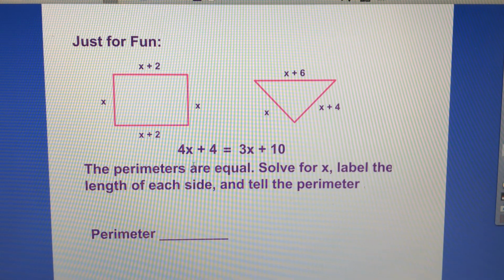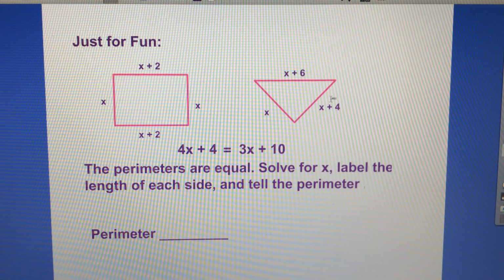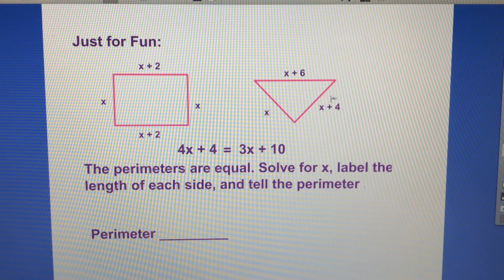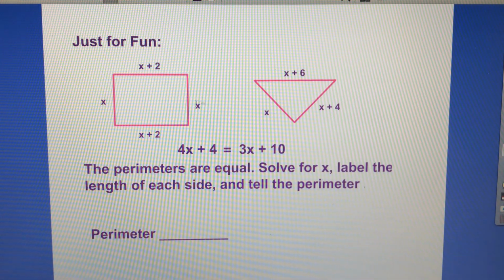Once I solve for x, I substitute it back into the problem, and I solve for what is the perimeter. So with knowing the only information I knew is that they equaled each other. Made an equation for both sides, and now I need to solve for x.